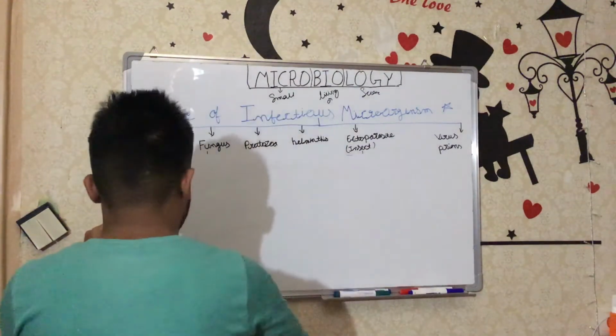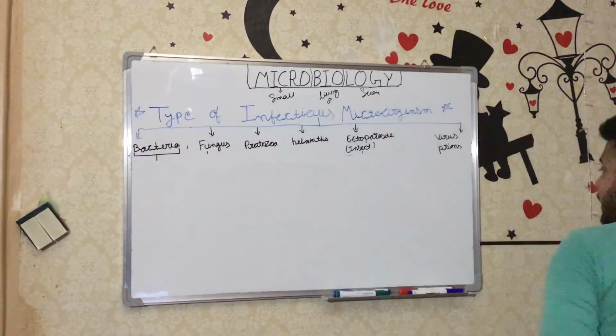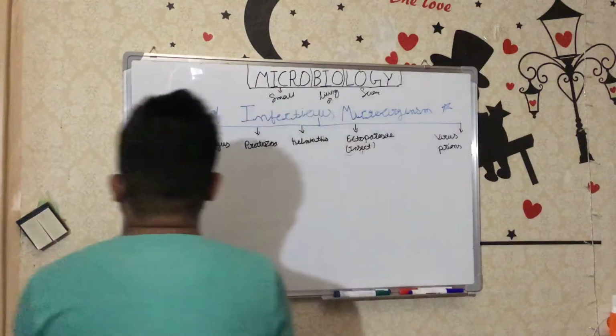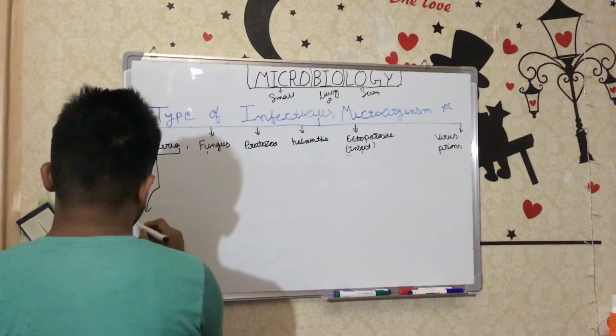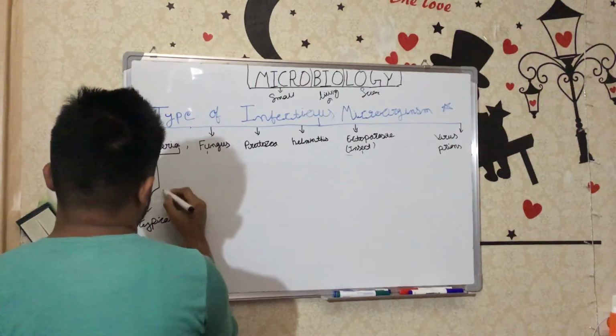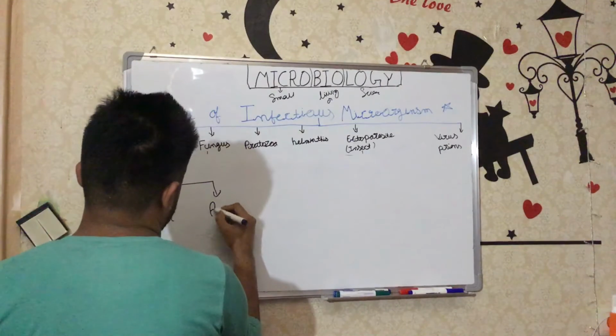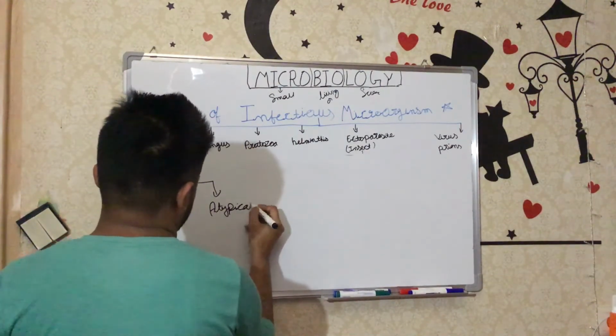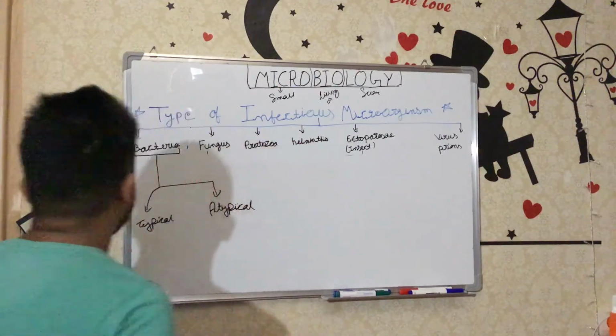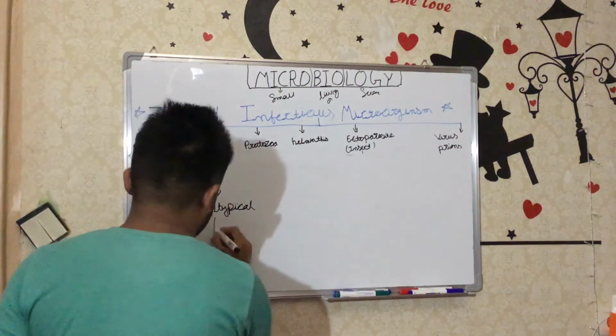According to structure, bacteria are divided into two parts: first, typical, and next, atypical. First of all, we'll discuss atypical.